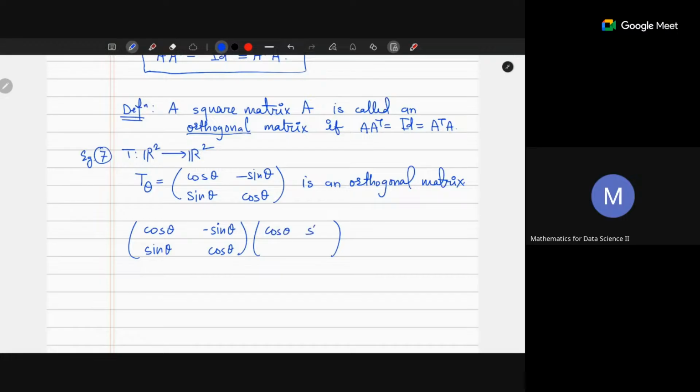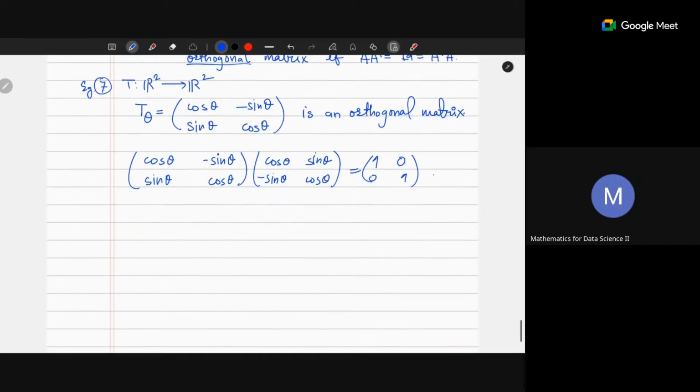The transpose is going to be cos theta, sine theta, minus sine theta, cos theta. Now, if you multiply, you will get cos square plus sine square, which is 1. And then you will get cos theta sine theta minus cos theta sine theta, minus sine theta cos theta plus sine theta cos theta, which is 0, 0, and 1. Okay, similarly, you can check for the other identity as well.